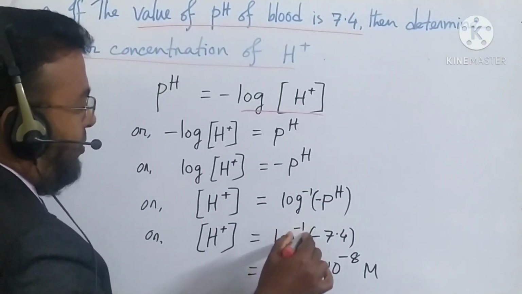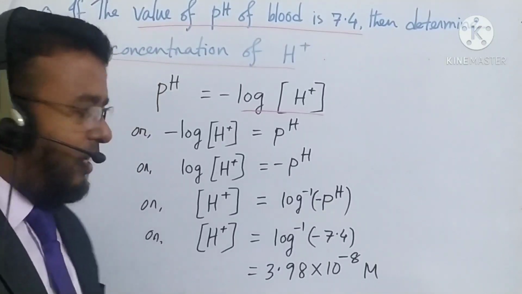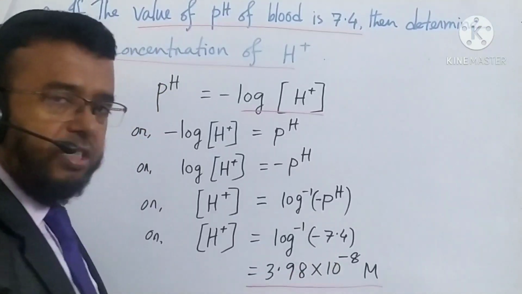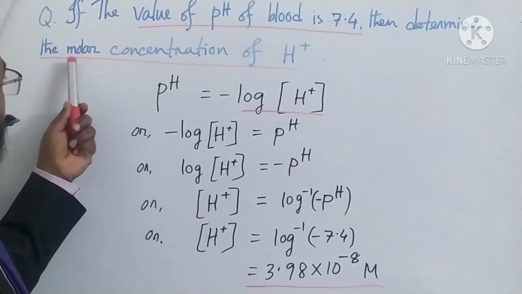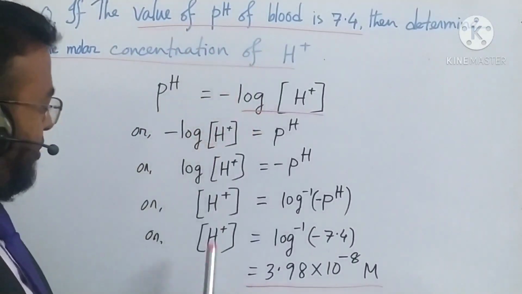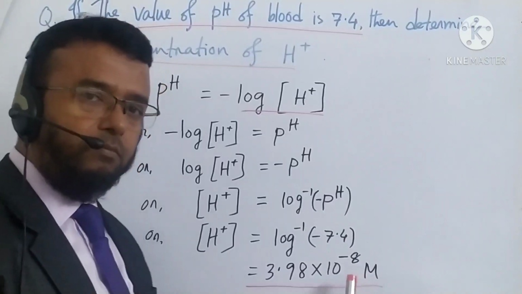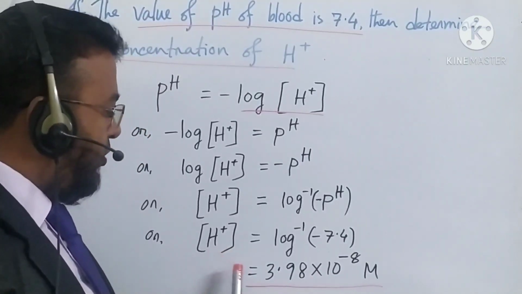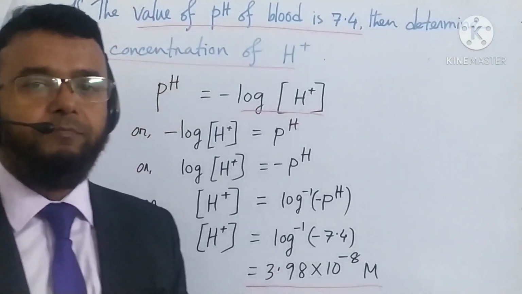Log inverse of minus 7.4, using the calculator, the value will be 3.98 into 10 to the power minus 8 mole. So our question was to determine the molar concentration of hydrogen ion, and we have got 3.98 into 10 to the power minus 8 mole.